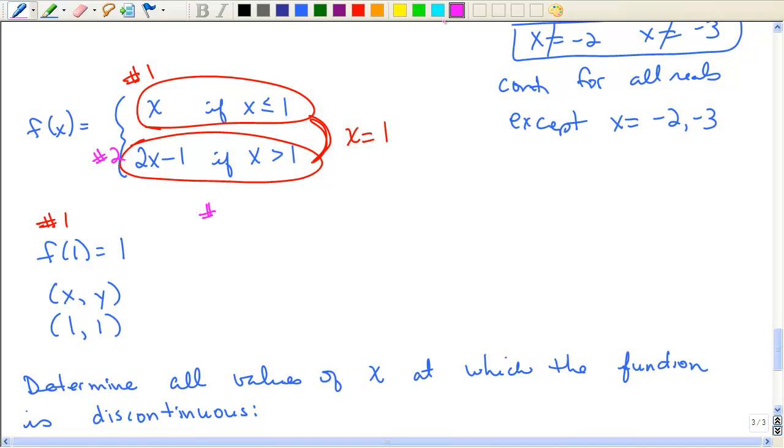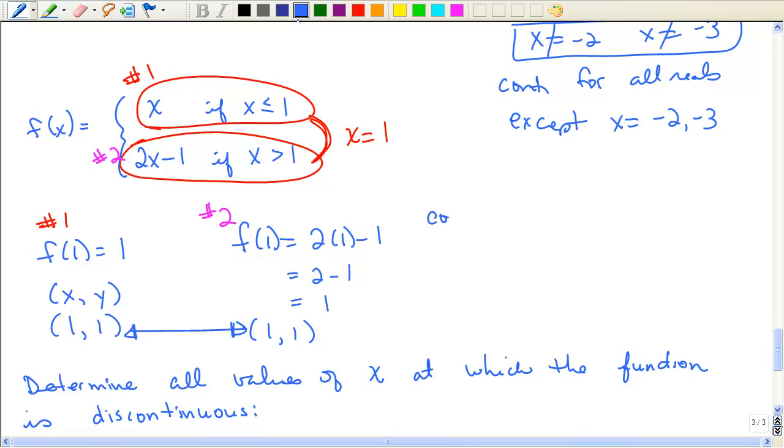But if I look at the second part of the function and I plug in 1, I also get 1. So that means these 2 points are the same, and so those would connect and it would not be discontinuous. So again, these would be continuous for all reals.